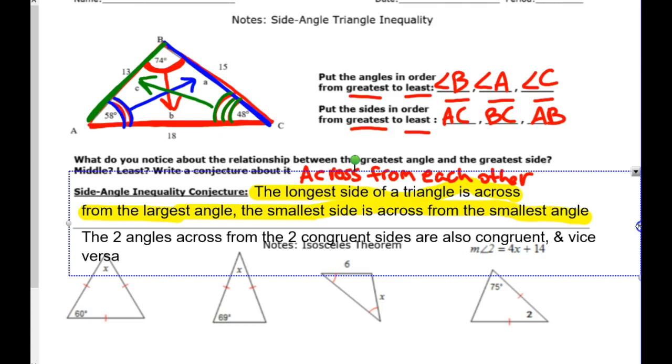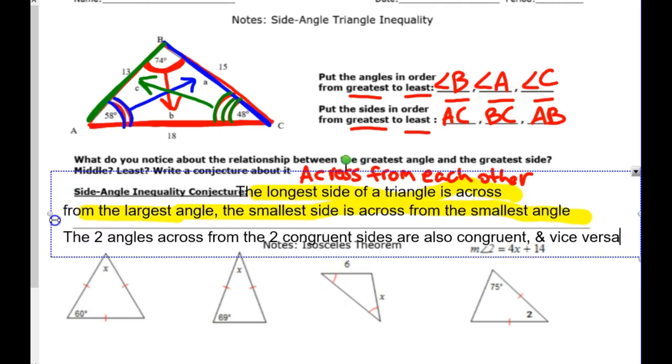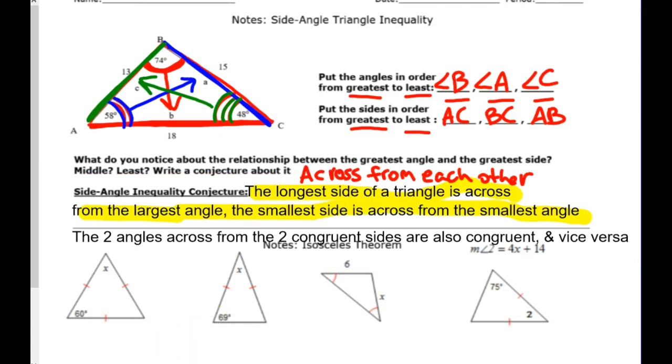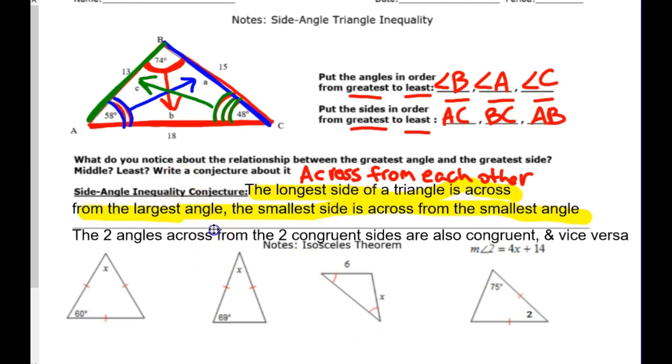And that's a fancy phrase that just means it works both ways. So if you have two congruent sides, the two angles across from those two congruent sides are also congruent. That was in the definition of what it means to be isosceles, and we are going to apply that here. And then also, we'll talk about it on the practice on the back of this.